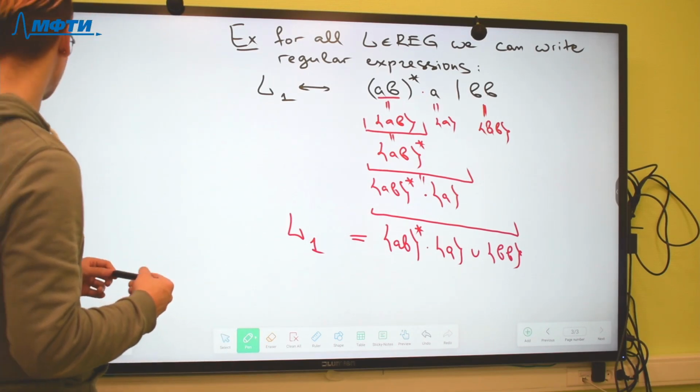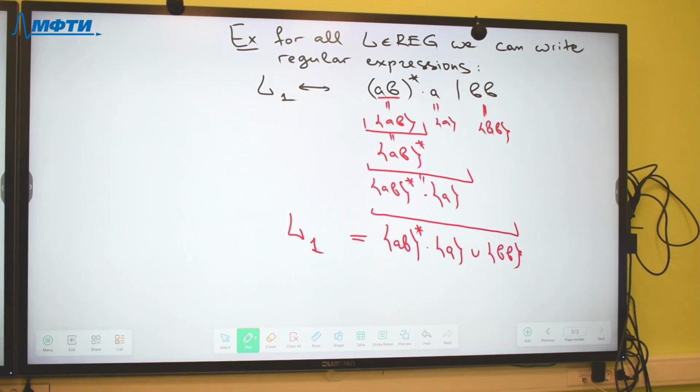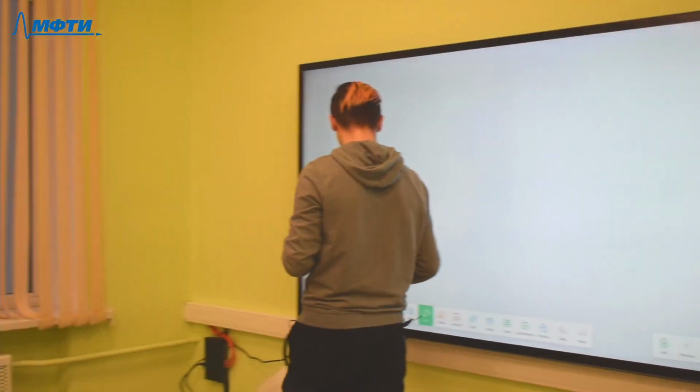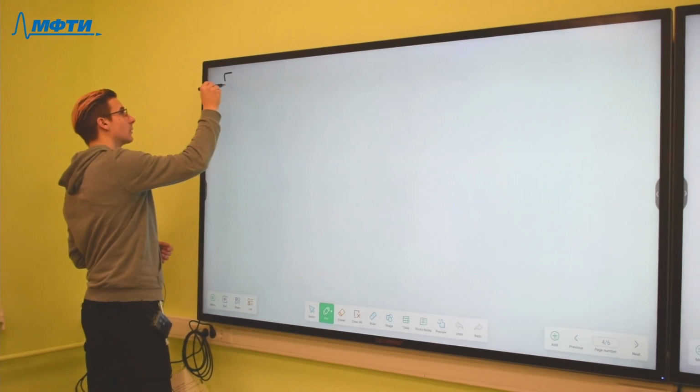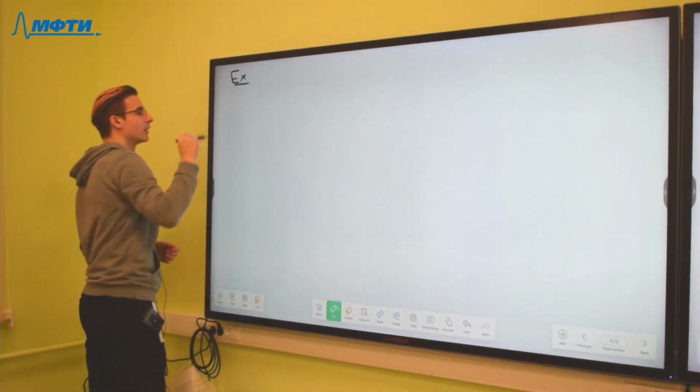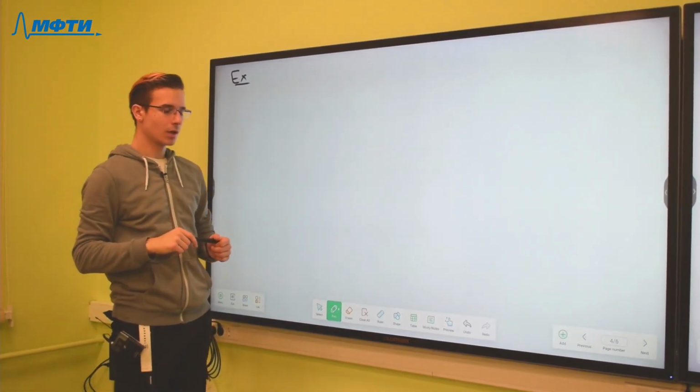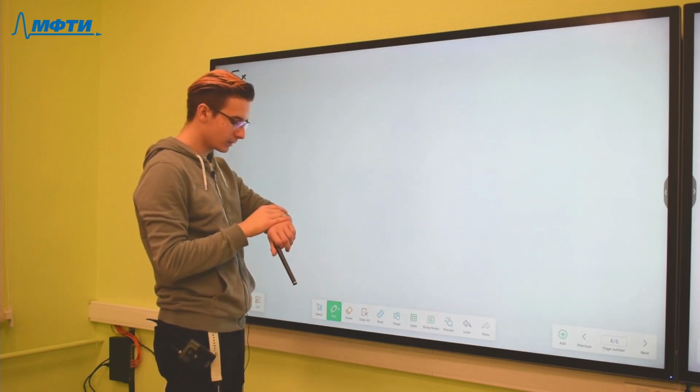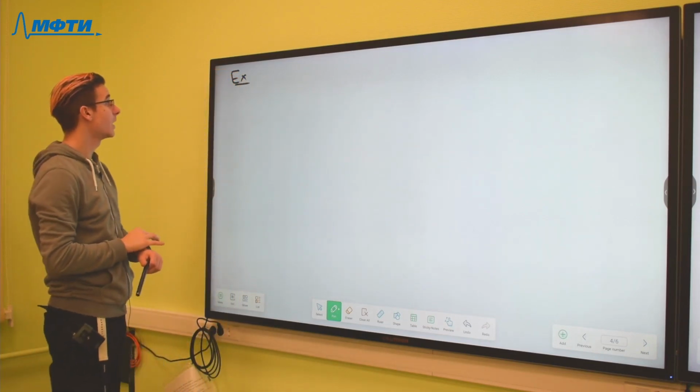And I make the next example of why regular languages are connected with the deterministic finite automaton.